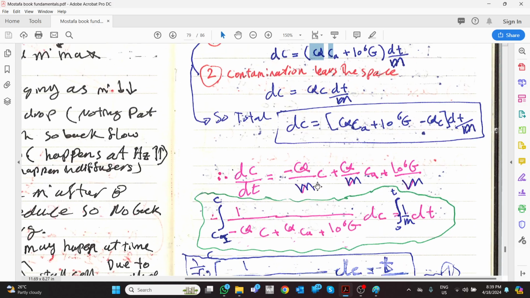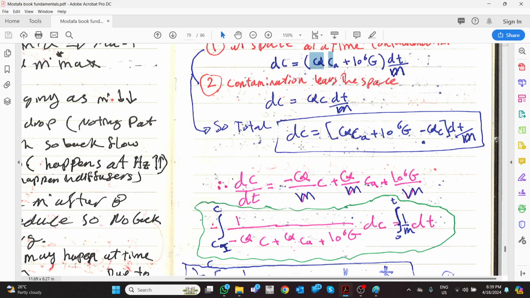So the total change dc is all of this term plus all of this term, with dt by m common. So dc by dt equals all of this.